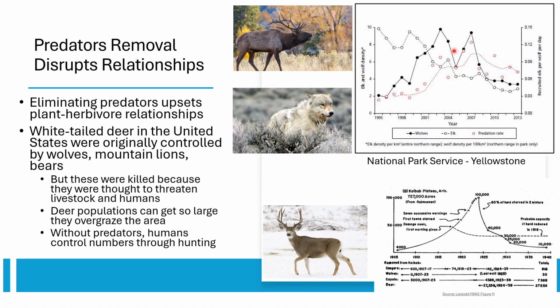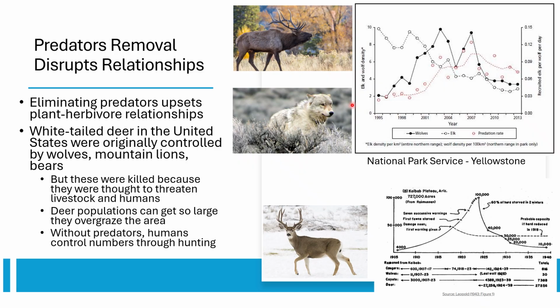Another good example that you are going to investigate on your own is the example of the wolf of Yellowstone. Very similar story to the Kaibab story. In the early 1900s, the wolf, the bears, other mountain lions, and coyotes were also removed.